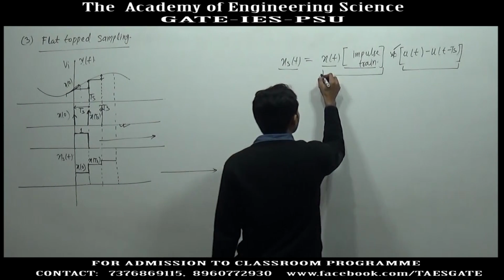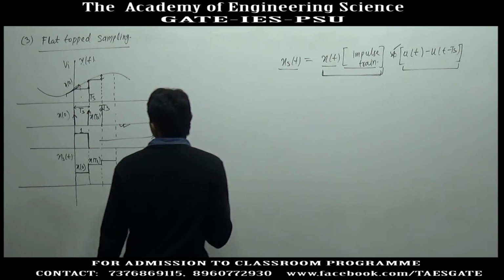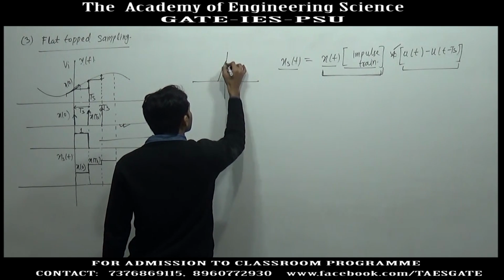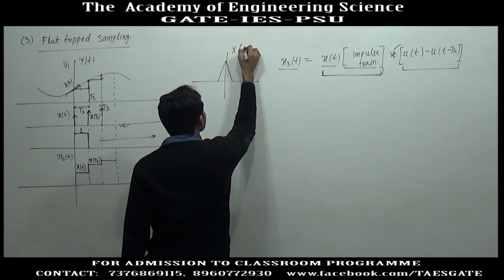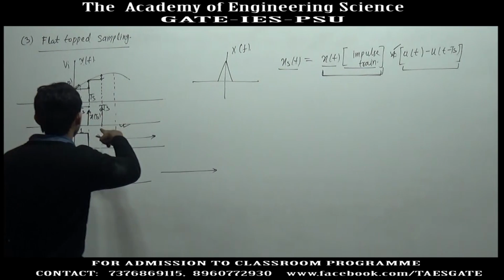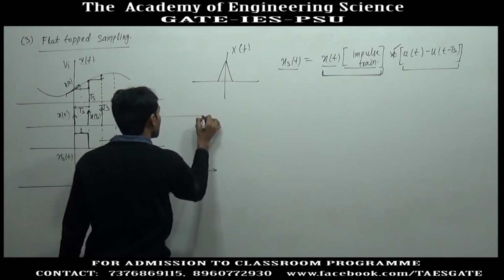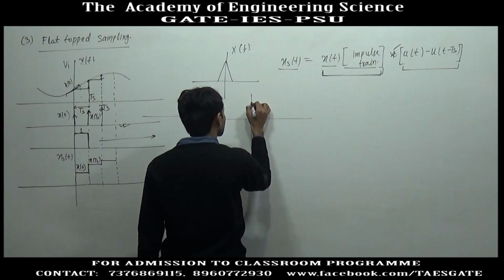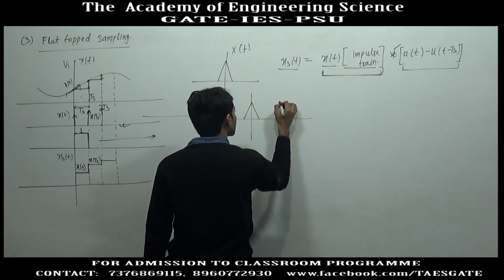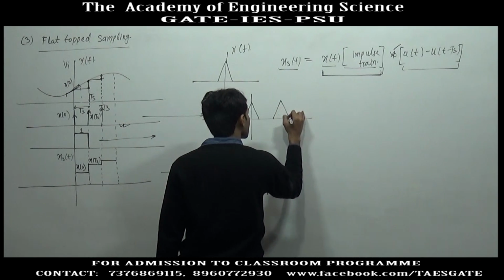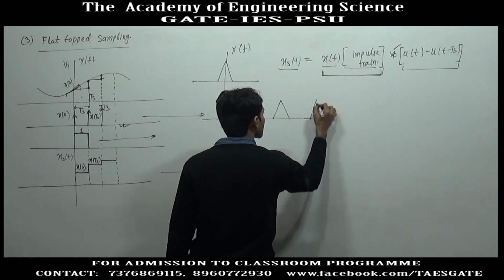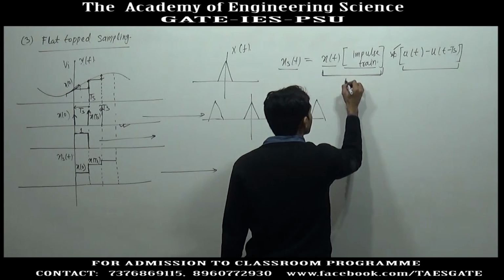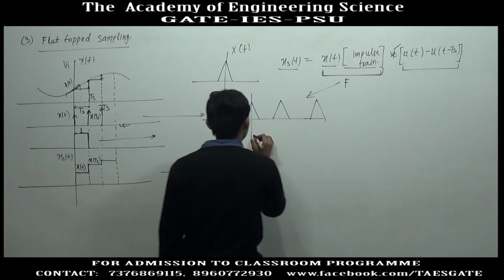Now, suppose x(t) has this type of frequency transform. If we multiply x(t) with the impulse train, we will get a Fourier transform like this.